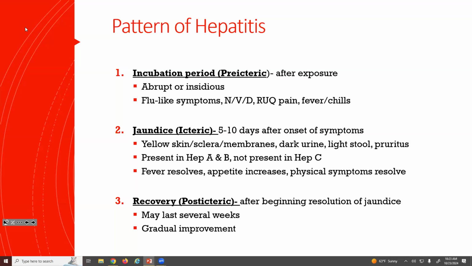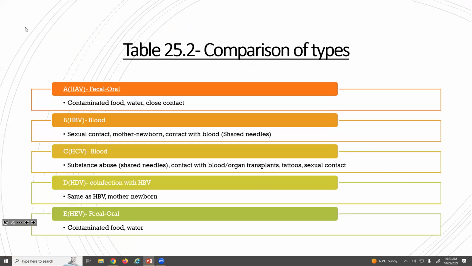Does that make sense to everybody? So the resolution period may last up to several weeks. Not sure, it depends on the person, and they're going to gradually start to improve. Okay. Does everyone understand the pattern so far?